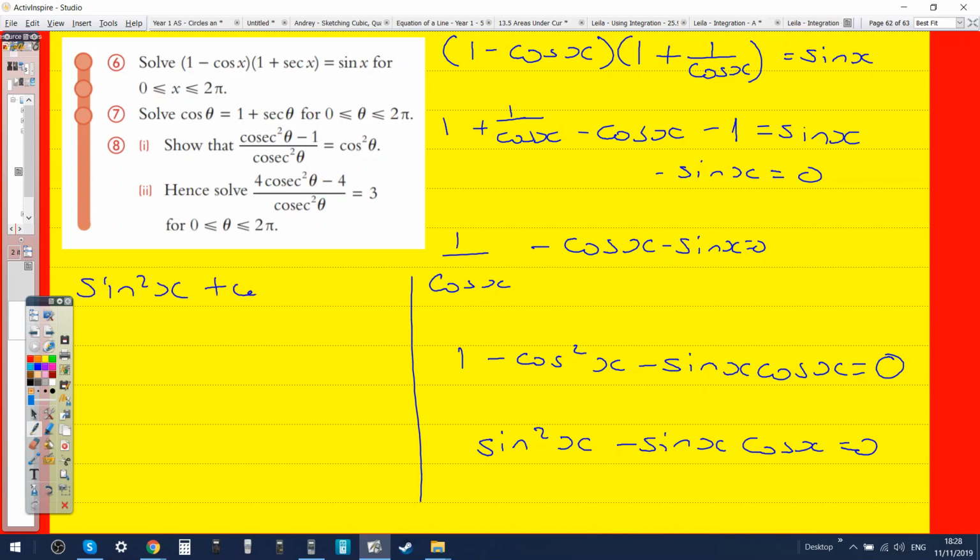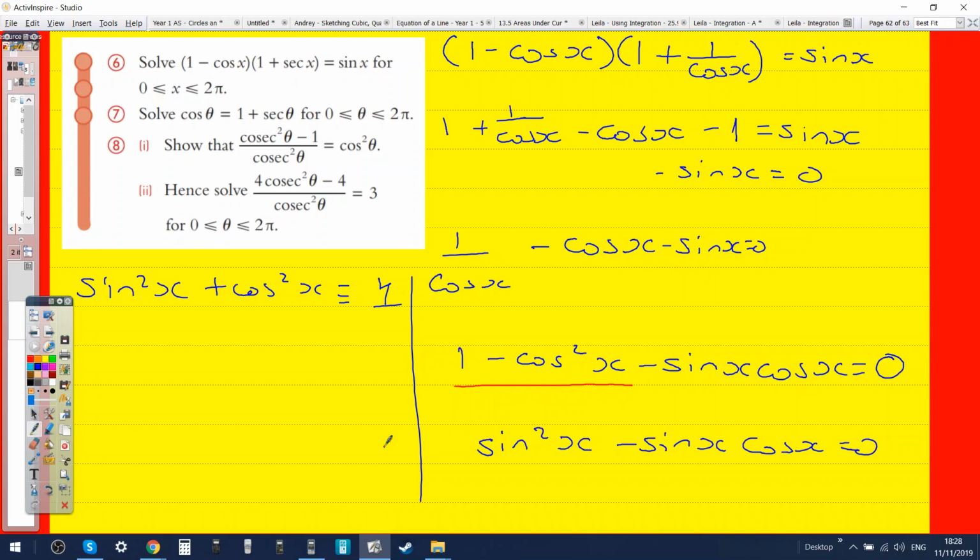Sine squared x plus cos squared x equals 1. Yeah, I was just thinking about how to rearrange it. Yeah. If you bring the cos squared x to the right side. Yeah. Then it's minus. Yeah. You get that exactly. Okay, so sine squared x minus sine x equals 0.